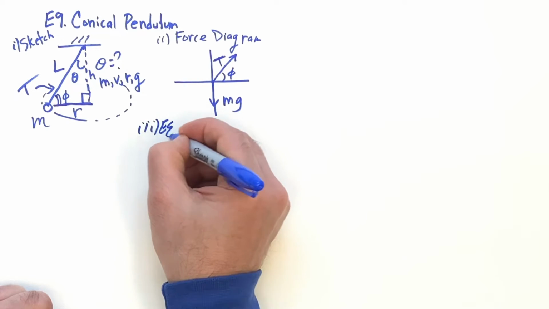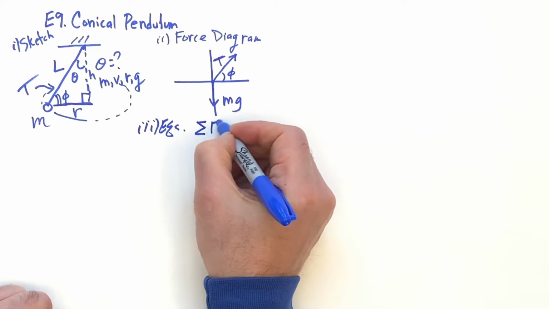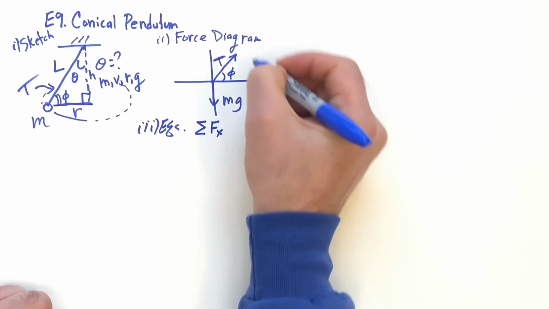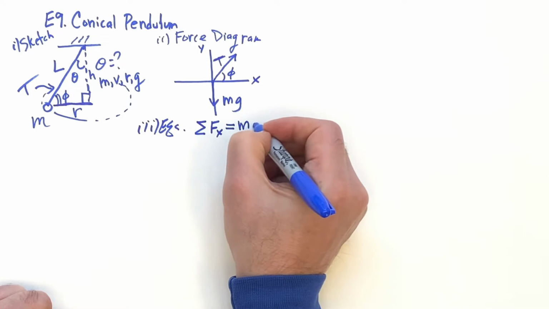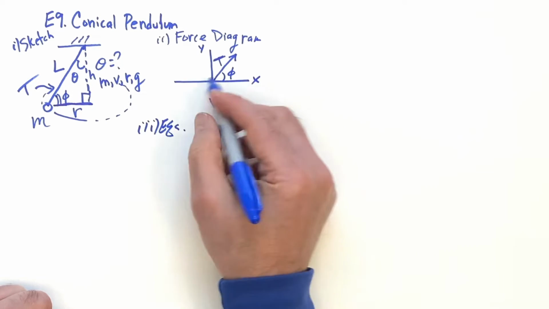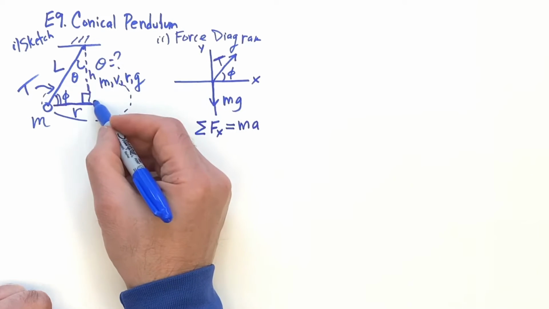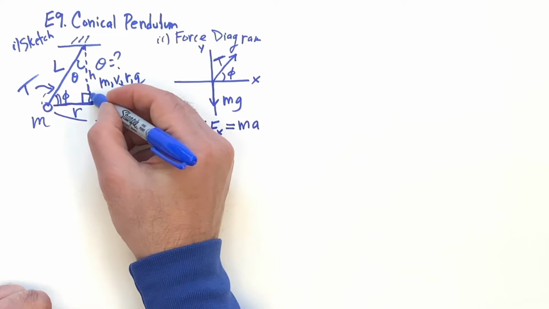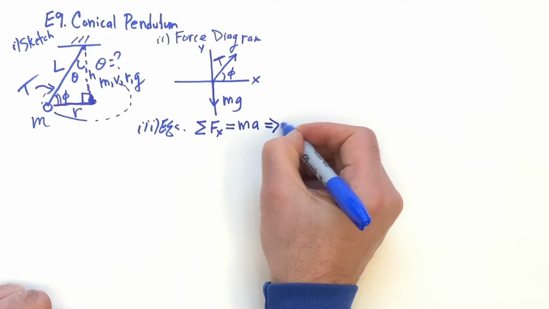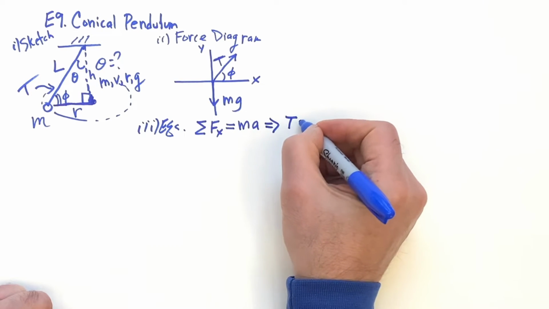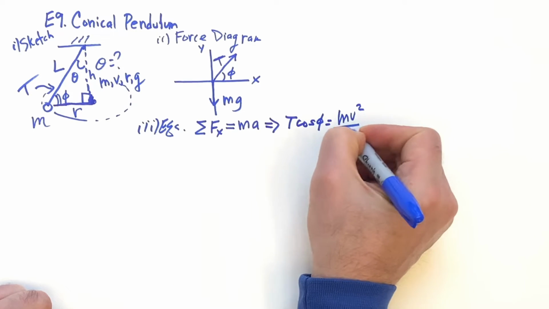So for the equations, main equation here, if we go with the sum of the forces in the x direction, let's say this is x and y, then that's going to give you F equals ma, since that's going to be acceleration regarding the circular motion. So that would give you the tension T with the cosine of phi is mv squared over r.